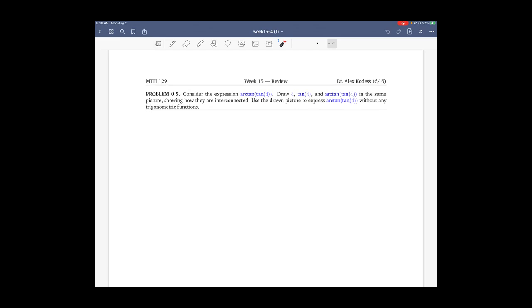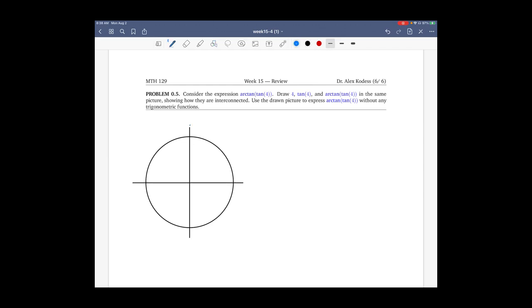So if we draw the unit circle, we need to understand what quadrant the angle of 4 radians will be.